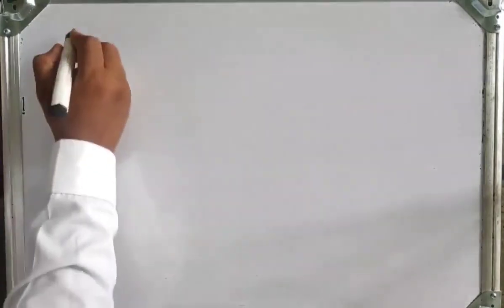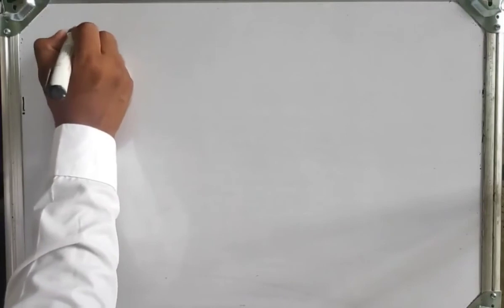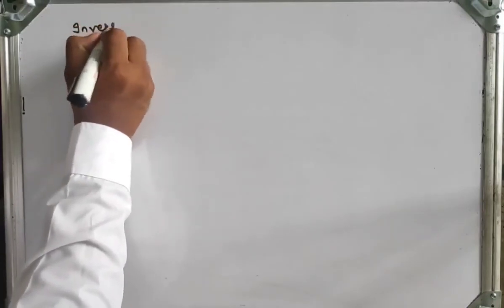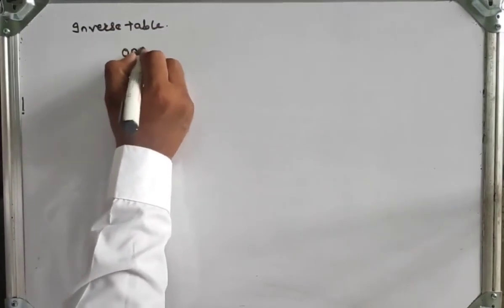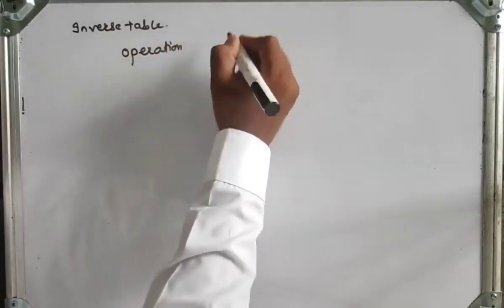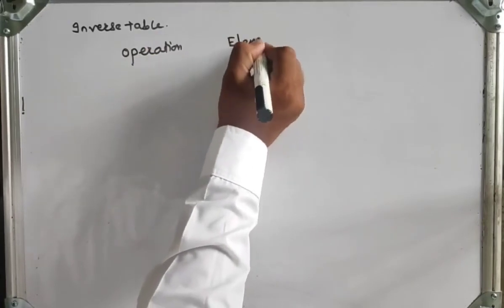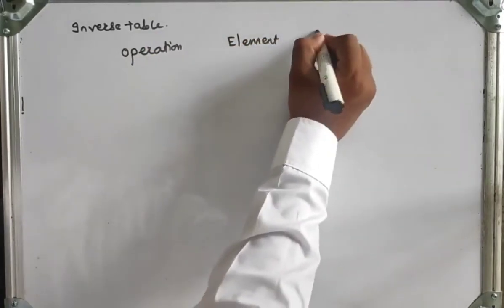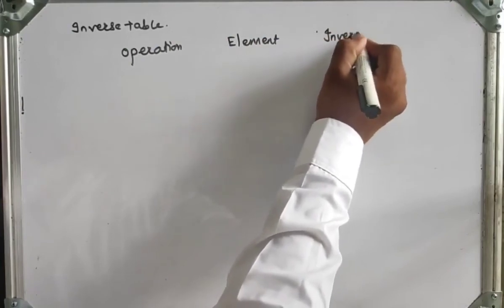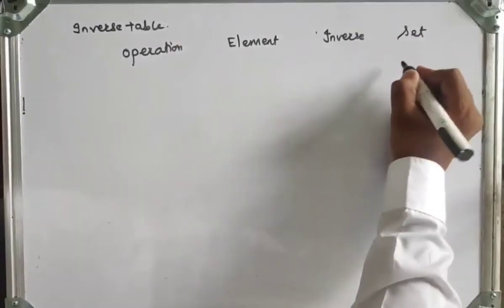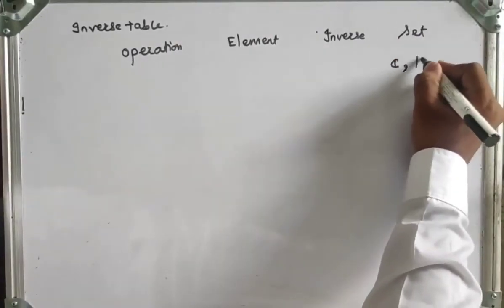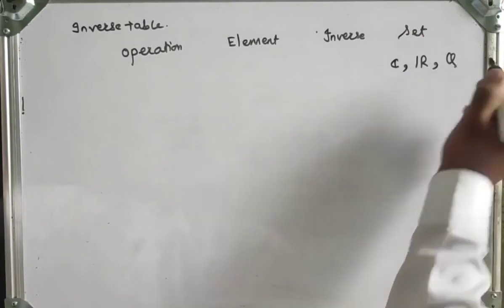Now similarly we see some operations. Now we see the inverse table. Now we take some operations with elements and their inverses in sets. Suppose I take the set of complex numbers, real numbers and rational numbers.